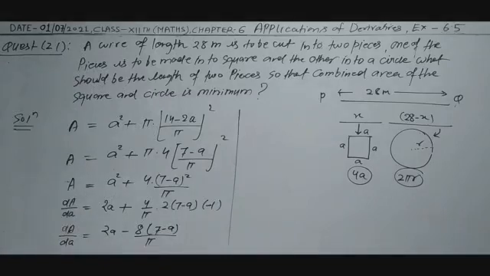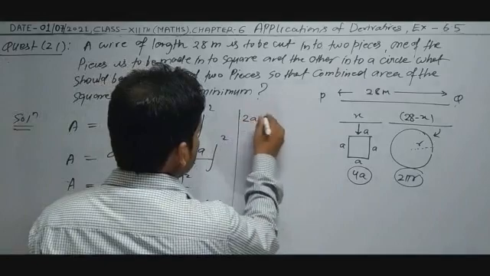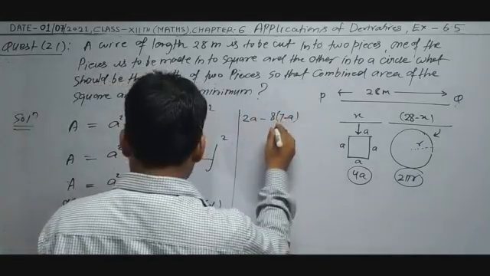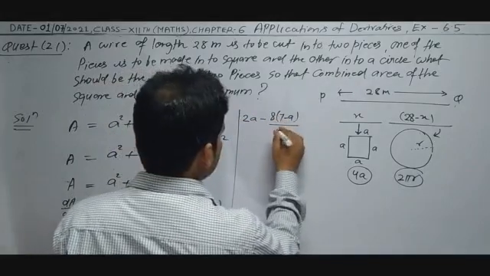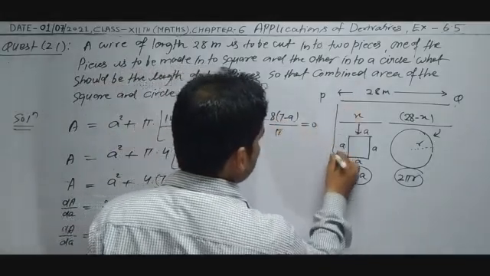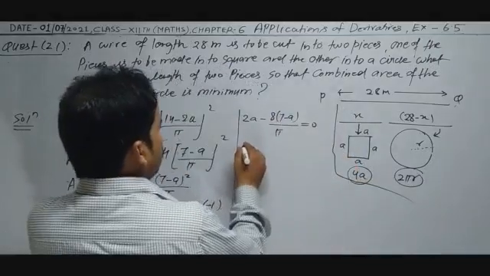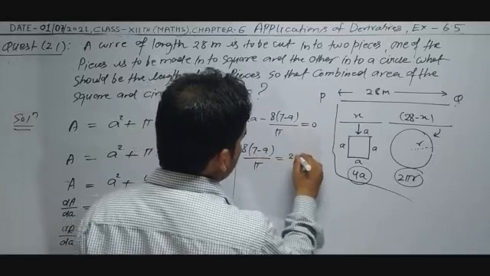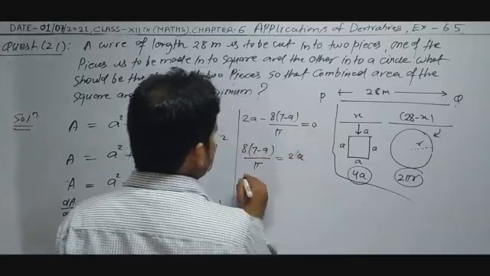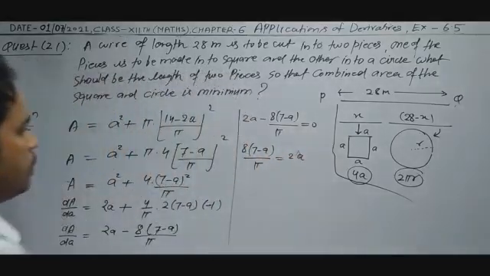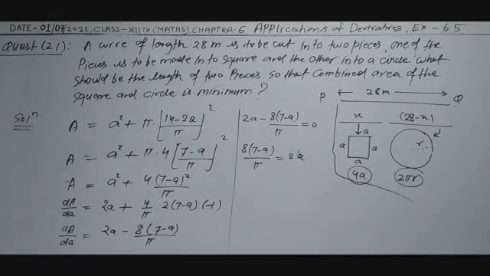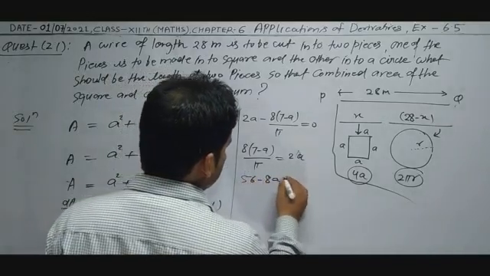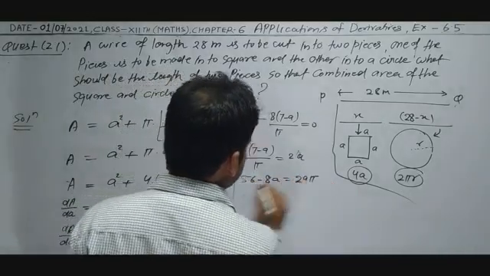What will you get as the result? 2a minus 8 times 7 minus a whole upon pi is equal to 0. So 8 times 7 minus a whole upon pi is equal to 2a. And the calculation: 8 sevens are 56, so 56 minus 8a is equal to 2a pi.